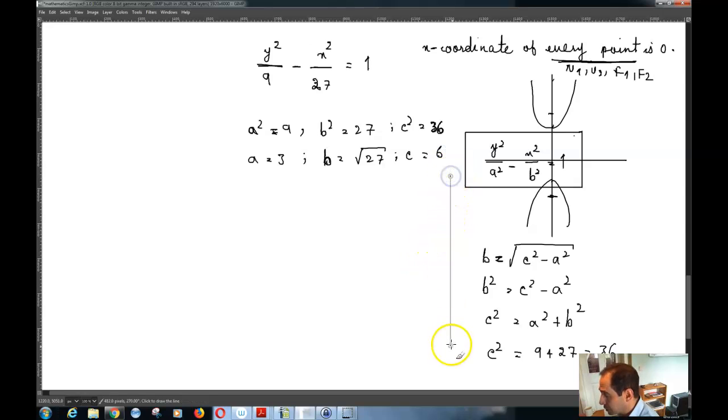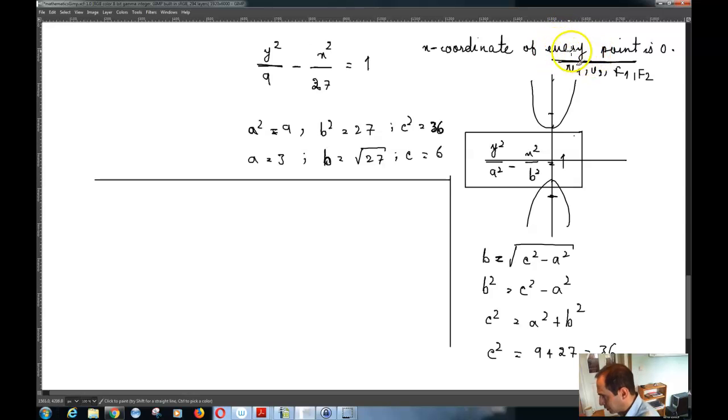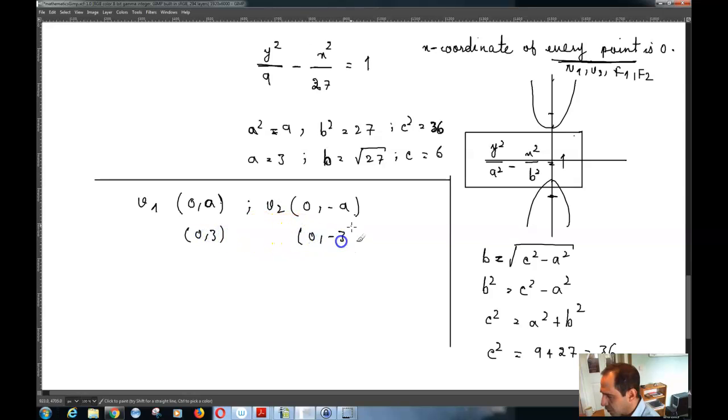Now, over here we said that the points are along this vertical axis. That means that the x-coordinate of every point is 0. So the vertices, for example, V1 would be 0, comma A, and V2 would be 0, comma negative A, which would be 0, comma 3, and 0, comma negative 3.